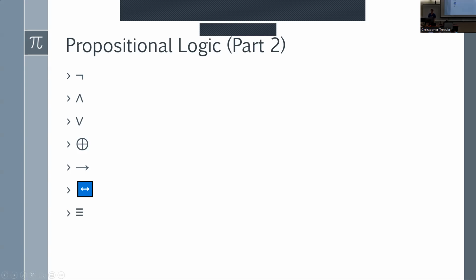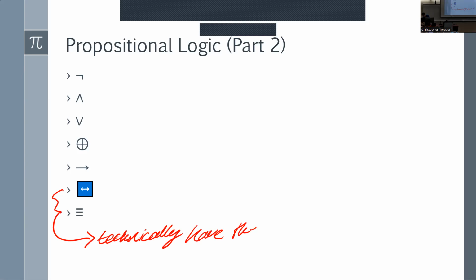Now, something I want you to keep in mind, technically, these two have the same meaning.